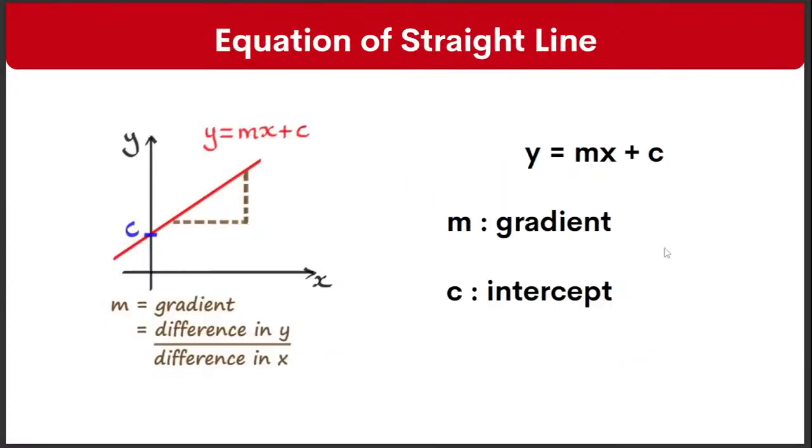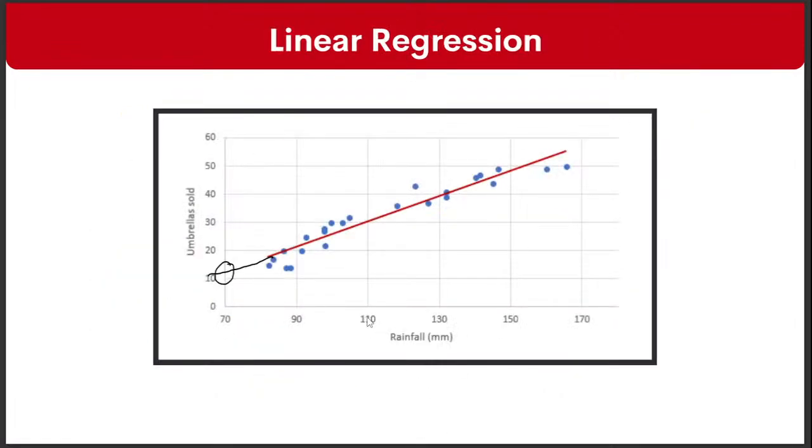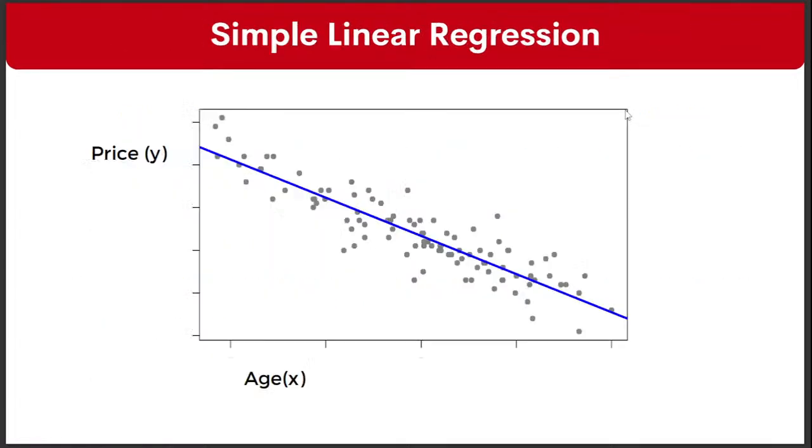Instead we are going to use multiple features to predict the selling price, or we can go with another one. So first, instead of going with all these features, I'll go with age. Consider age on the x-axis and the selling price on the y-axis. Age is how many years the car has been used. Here you can tell the trend, which is going to be like this.